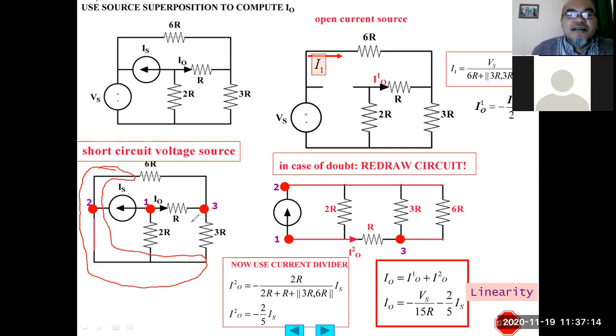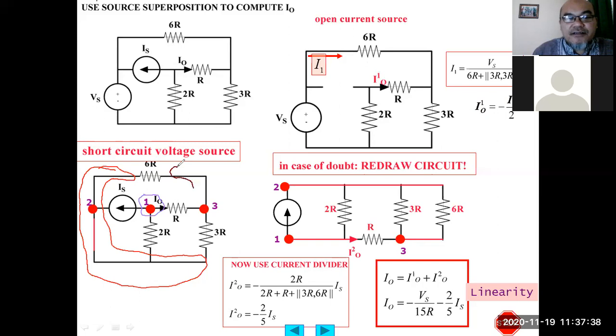Yeah, a single one. And the second, this is the first node. Then we have this node, connecting the bottom part of the current source, one part of the resistor, and the other part to the 2R resistor branch. Then we have another node.